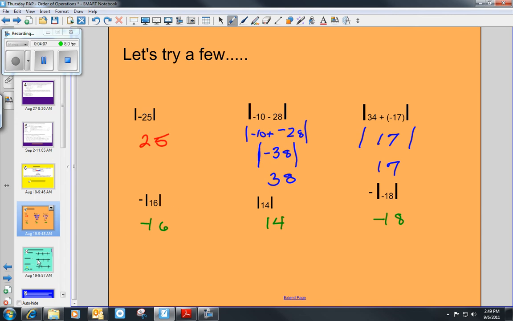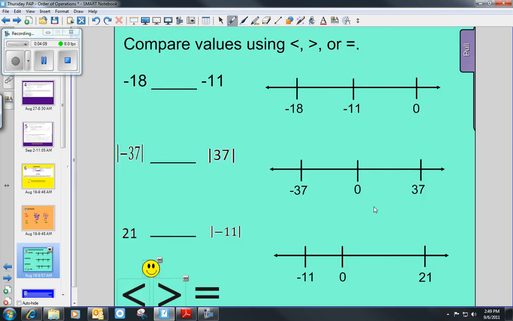Alright, we also need to look at how to compare absolute values. You're going to compare absolute values pretty much the same way you would any other number, but you're going to solve the absolute value first before you compare it. So we have negative 18 and negative 11. Negative 18 and negative 11 are here and here on the number line.